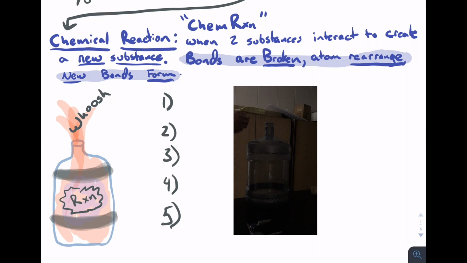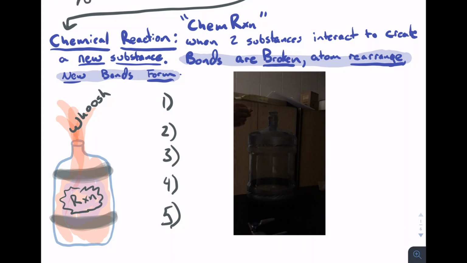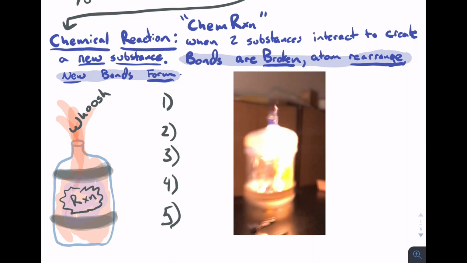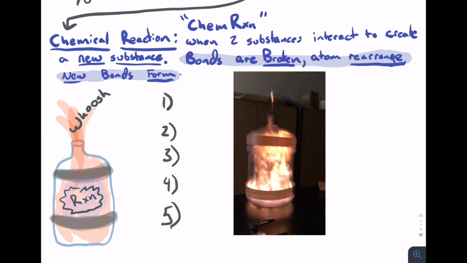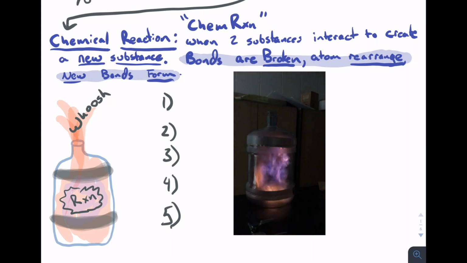That little bit of friction breaks apart the first chemical bond between the match and the elements inside there. Once that gets broken apart, it interacts with the stuff in the air and creates new bonds. When it makes new bonds, that releases energy, which is then allowed to break the next one apart. When we put this all together, you get the big flame like you saw during the whoosh bottle.